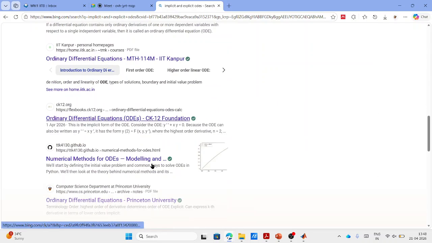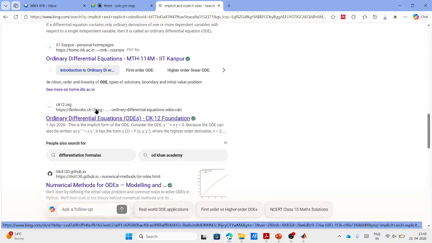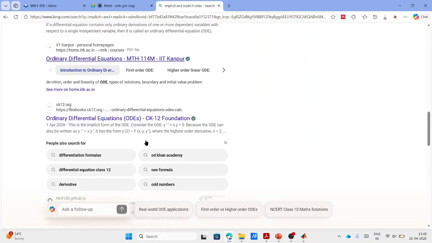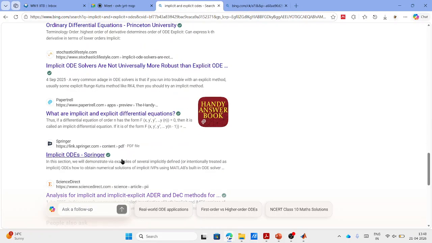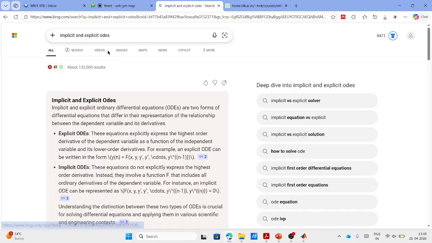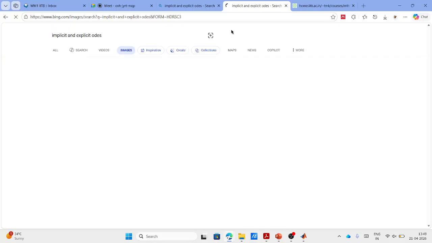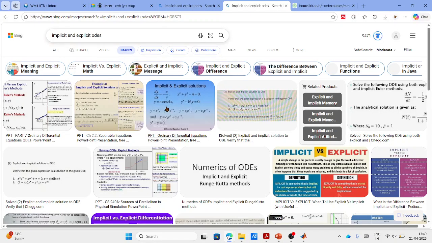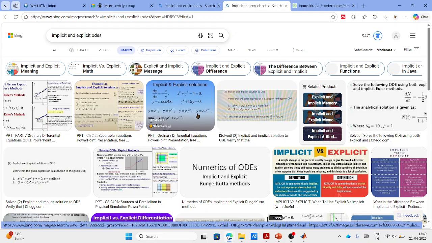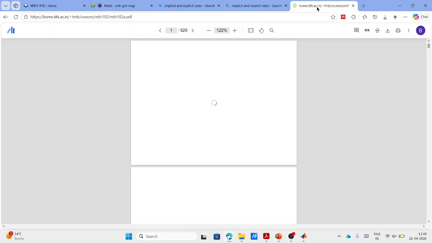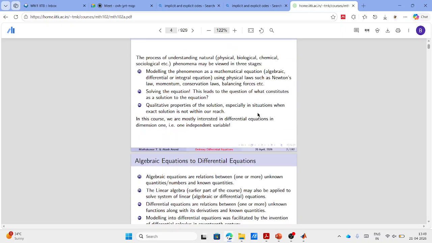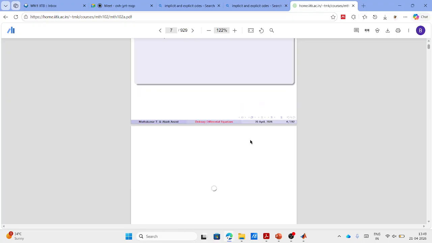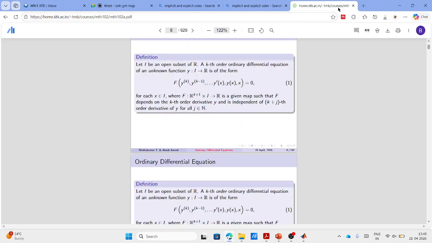Let me look at some examples, maybe from Wikipedia. Oh, it's a fairly big document.